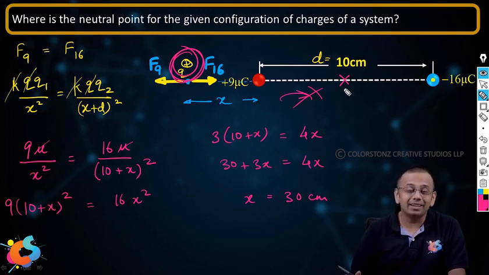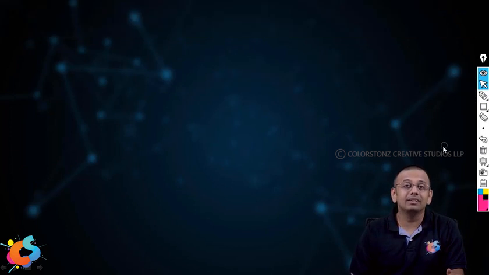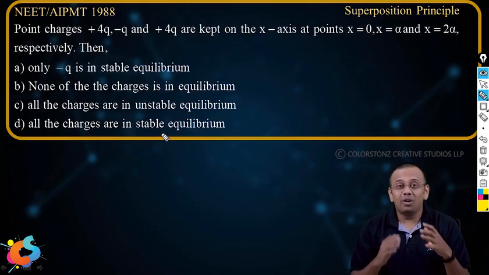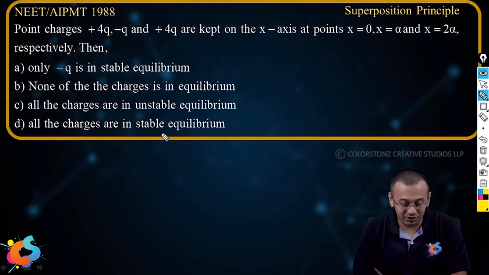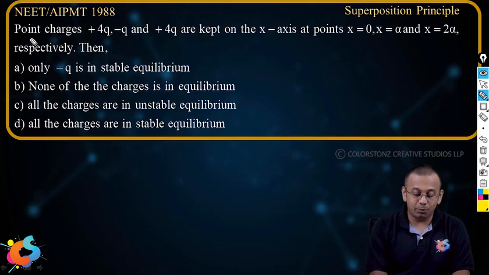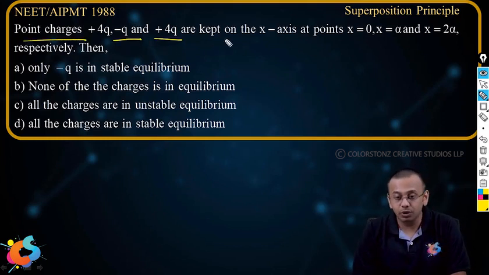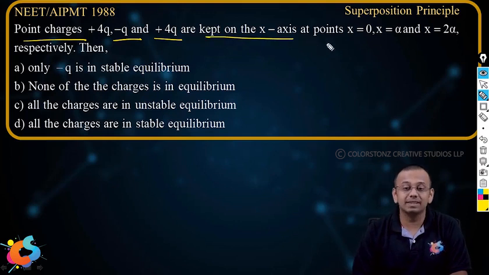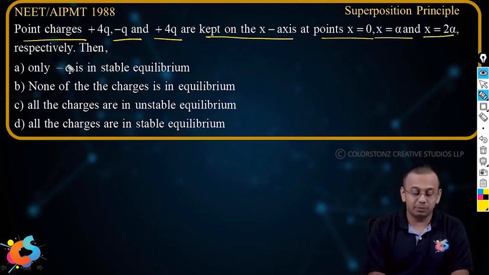So let's go ahead and take the next question and see what we have. This is the last question that I'm going to be taking in this segment. Point charges plus 4q, minus q and plus 4q are kept on the x-axis at points x equal to 0, x equal to a, and x equal to 2a respectively.